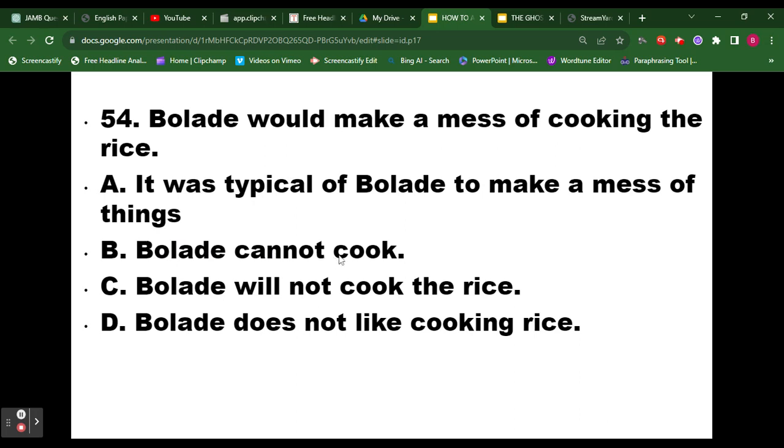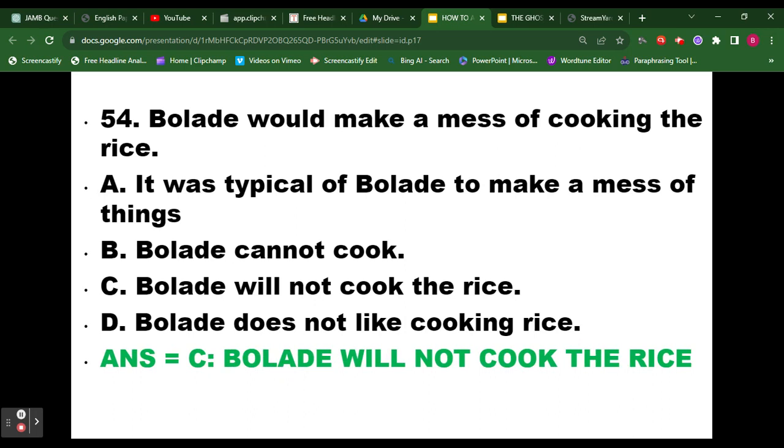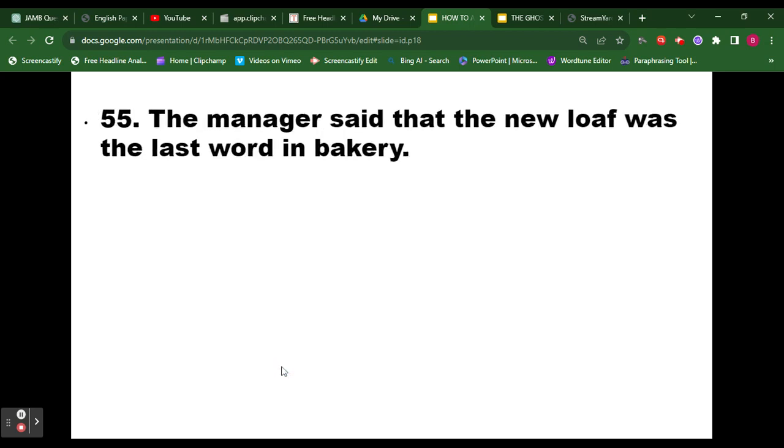B, Bolade cannot cook. This also is not correct. C, Bolade will not cook the rice. This is correct because there is specific reference to rice. There is a particular cooking that is referred to here. So Bolade will not cook the rice. The rice is given.